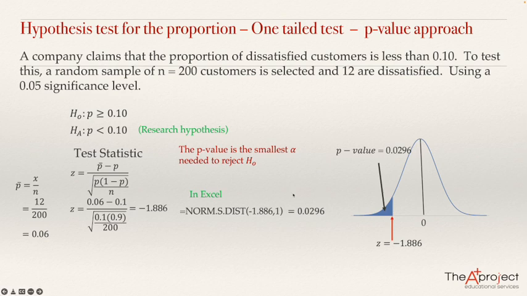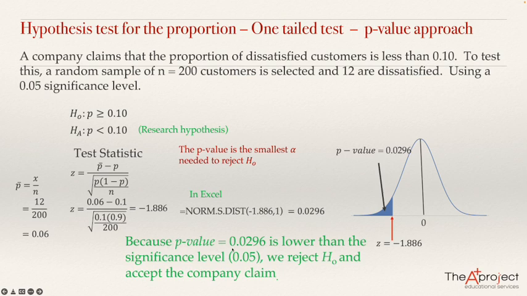And the decision will be, in this case, because this p-value is smaller than the level of significance, that is 0.05, this p-value is a little lower than 0.03, and the level of significance is 0.05, we reject the null hypothesis because the p-value is smaller than the level of significance.